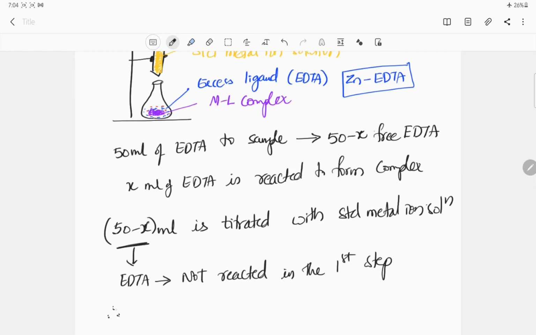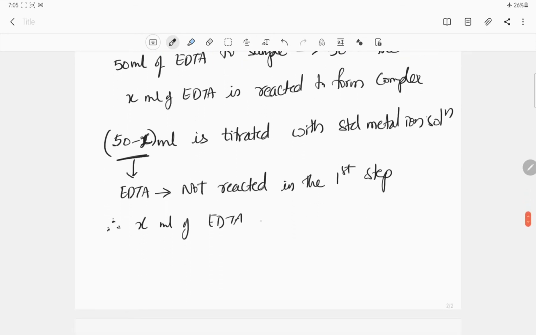Therefore, whatever is not reacted, if you subtract it, then you will get the X ml of EDTA. This is the quantity which reacted with the sample metal ion.